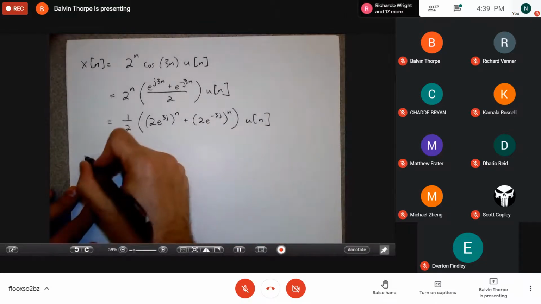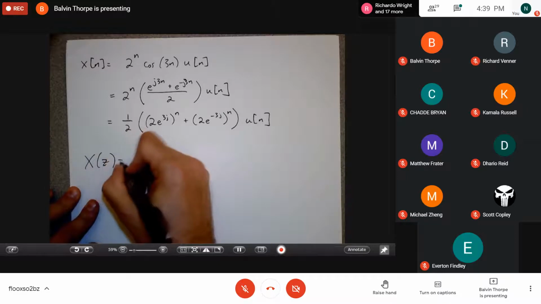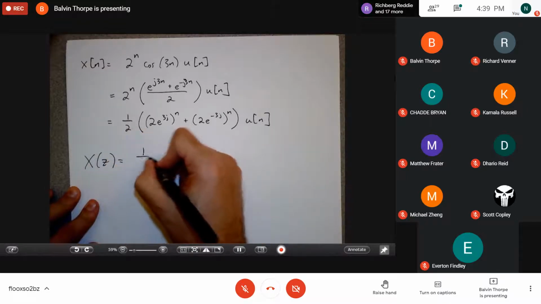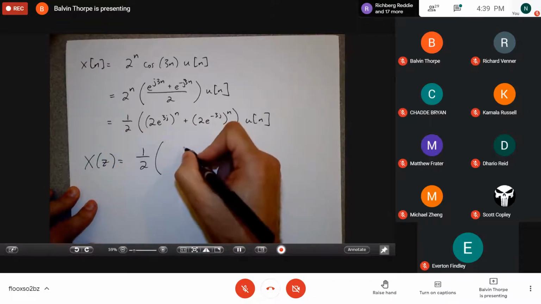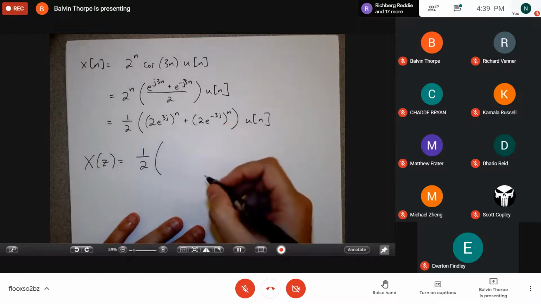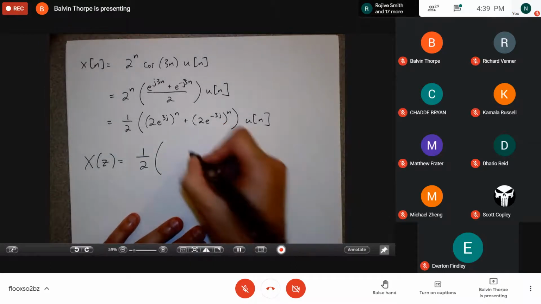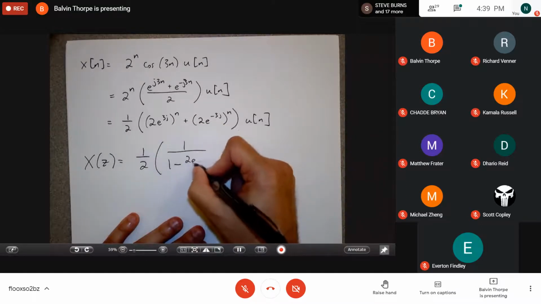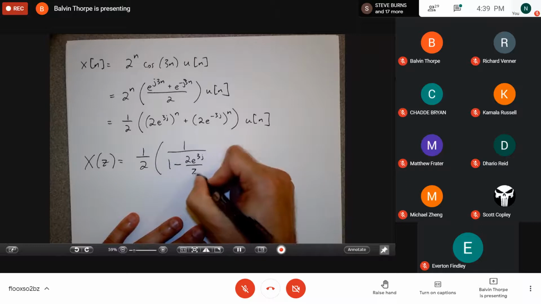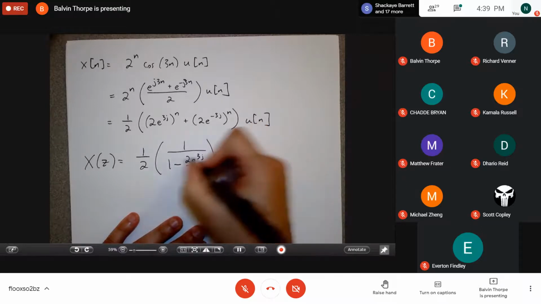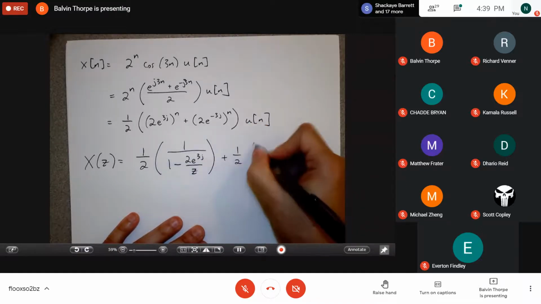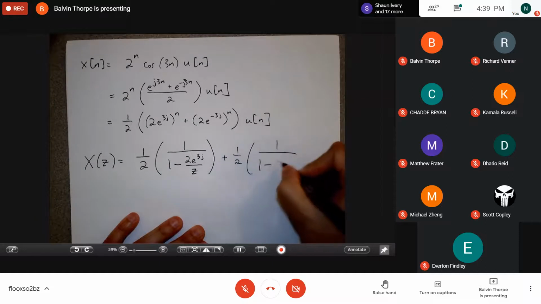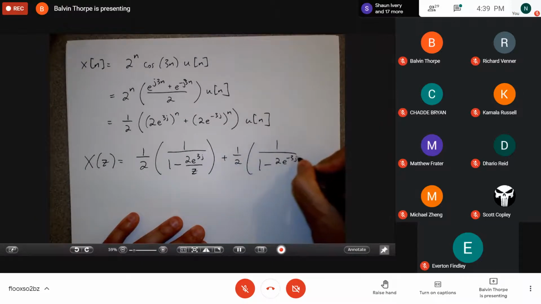So my X of z, I can immediately conclude, is 1/2 times, well, what was my formula? It was 1 over 1 minus 2 e to the 3j over z, plus 1/2 times 1 over 1 minus 2 e to the minus 3j over z.